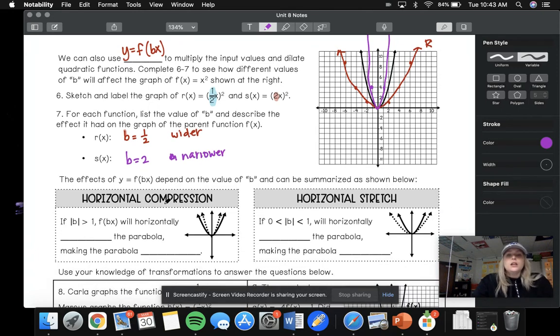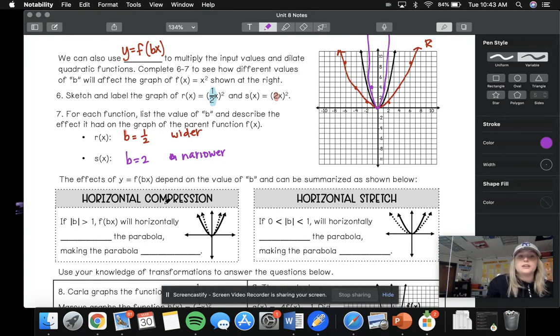Okay. So when we multiply our input by something, like a bx, instead of it being a vertical shift or a vertical stretch or a vertical compression, this is a horizontal compression or horizontal stretch. So if I am compressing horizontally, left and right, it does actually make it skinnier or narrower.